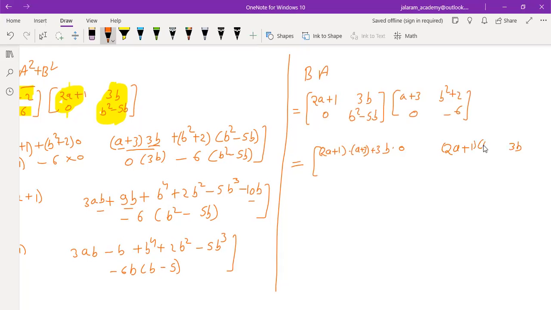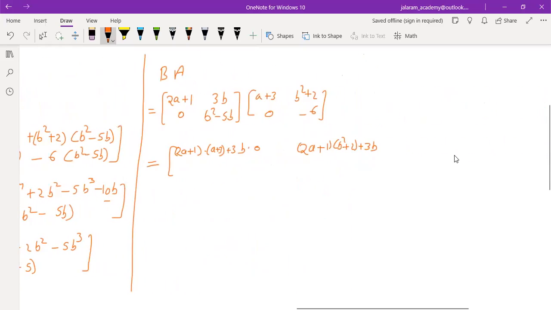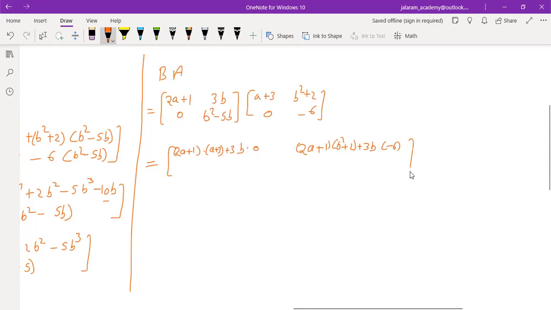Second column B square plus 2, minus 6. Second row 0, B square minus 5B, A plus 3 into 0, 0, plus B square minus 5B, B square plus 2, minus 6.